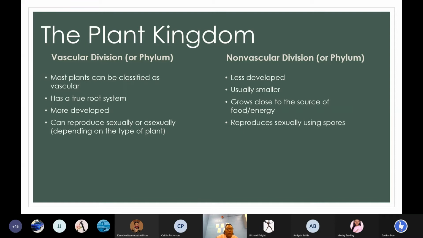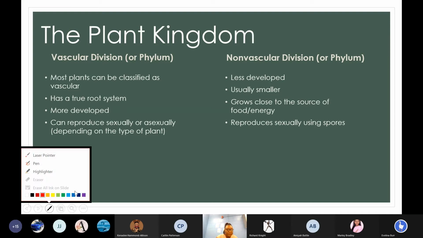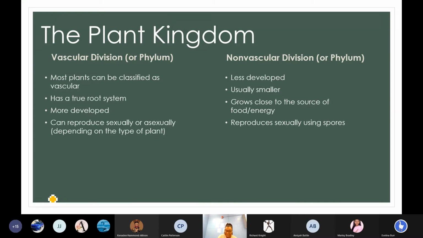So I want to draw a pretty simple picture here today. I'm going to use a lighter color so you guys can see it. So a vascular plant is going to have a stem, a leaf, and roots. Could you please draw this picture under your list of characteristics for the vascular plant in your notes?